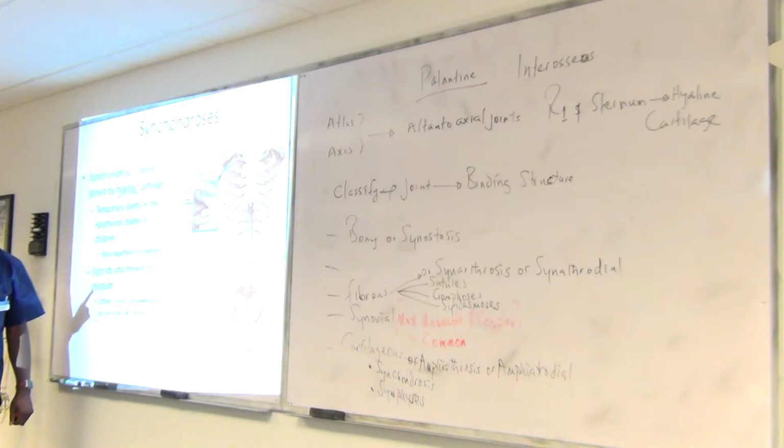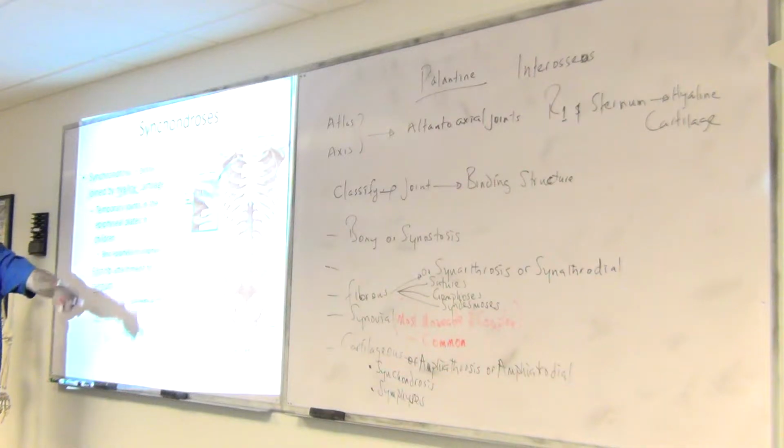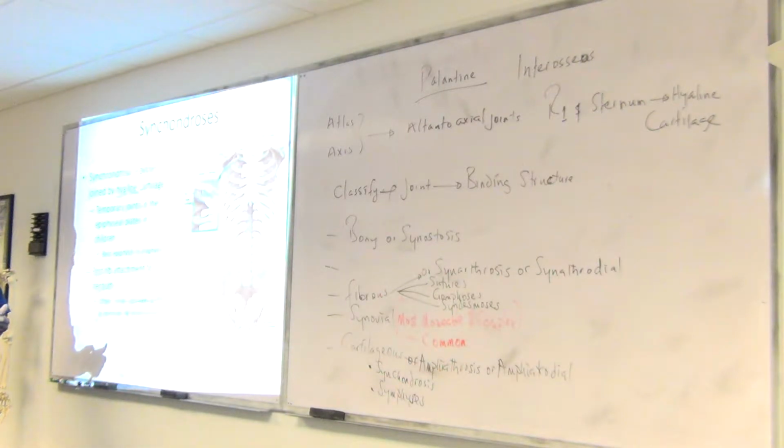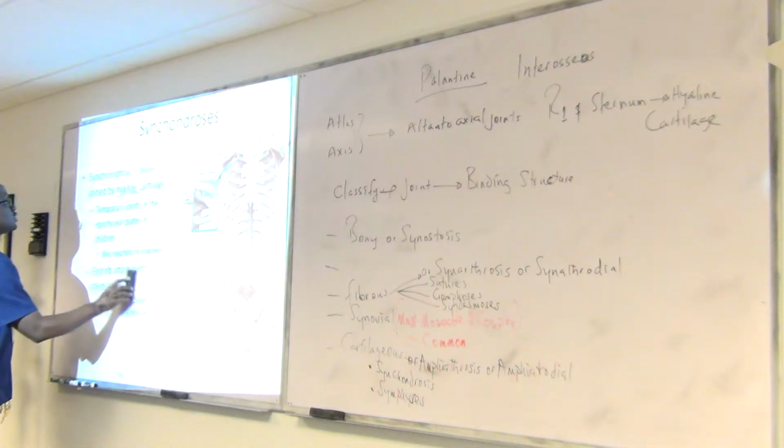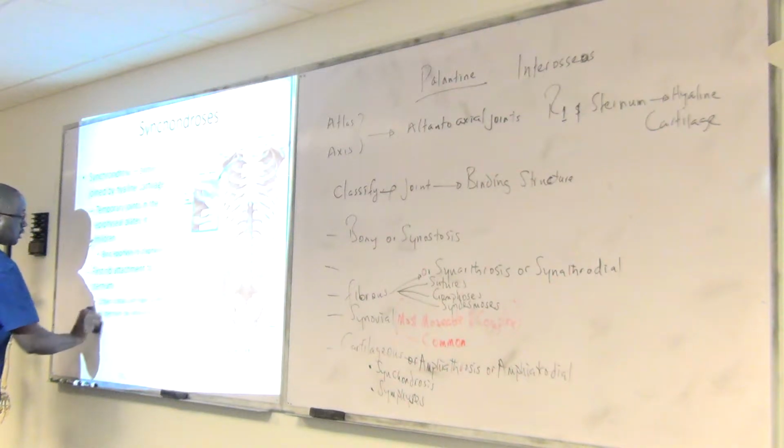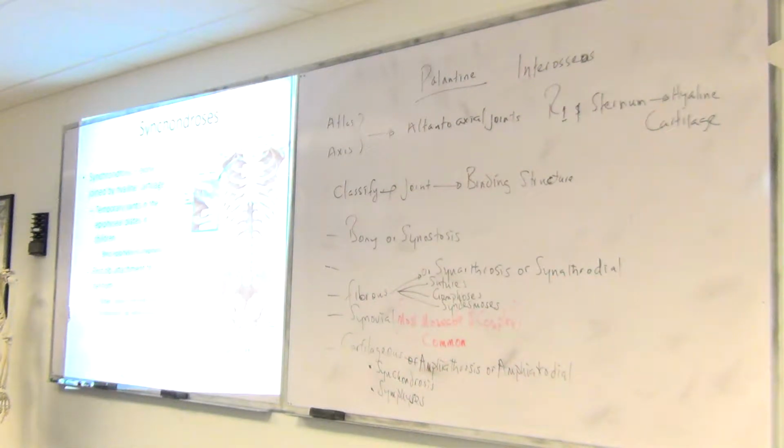Rib number two all the way to rib number seven, because true ribs are how many ribs? Seven. So rib number one, true, is hyaline. Two, three, to seven are synovial joints. Very important. So that is the synchondrosis joint, which is a type of cartilaginous joint.